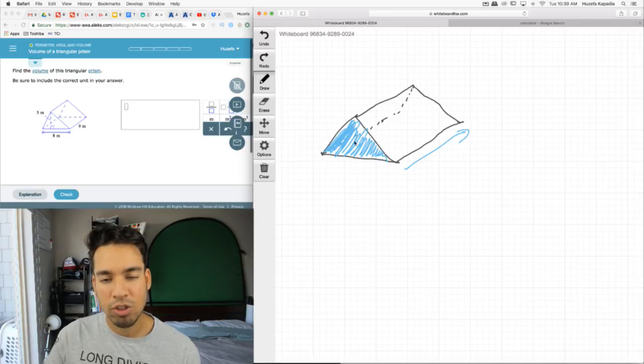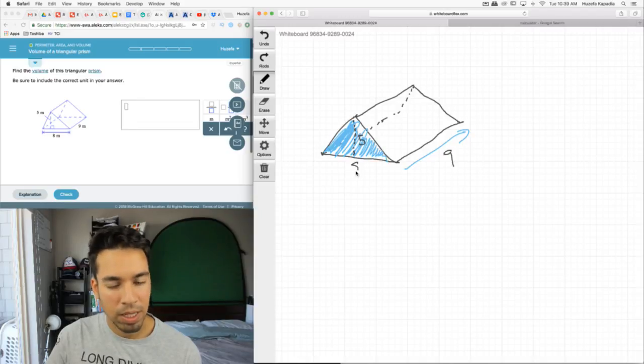So the way I think about it for any prism is all we have to do is identify that shape which is being extended. In this case, this is this triangle. Calculate the area of this triangle, and then multiply it by whatever this length is that it's being extended by. In this case, it's 9. So how do we calculate the area of this triangle? Well, area is 1/2 base times height. Looks like the height is 5, and it looks like the base is 8.